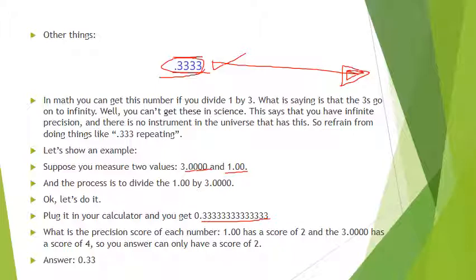But we know this number can't be true, or could be, depending on how good our numbers are. But the actual number we write down can only be as good as our worst measurement. So this has a score of 4: 1, 2, 3, 4, and this has a score of 2. So my answer can only have a score of 2: 0.33.